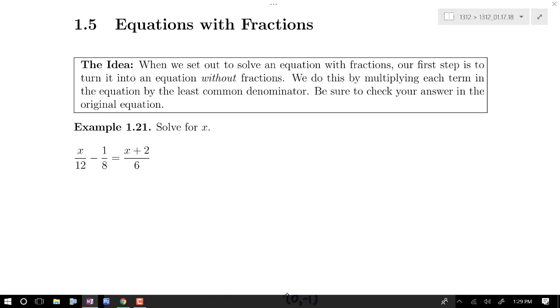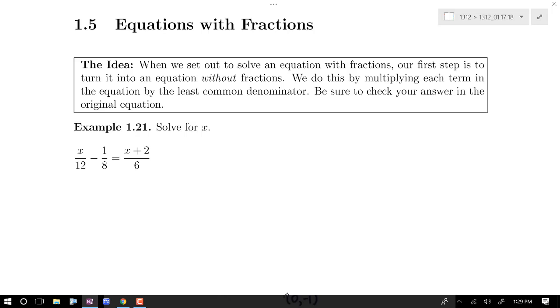That's usually a lot more work than is necessary to get the job done. So I think the simplest way to approach this type of problem is to just identify what the LCD is, and then multiply each term by the LCD. In doing so, you guarantee that you will be able to cancel every single denominator, and then in your next line you have an equation with no fractions, which is awesome.